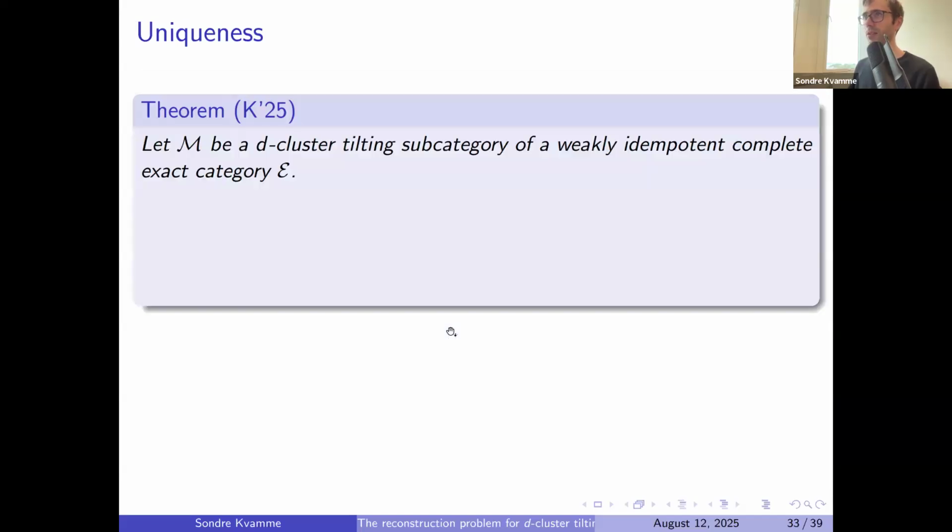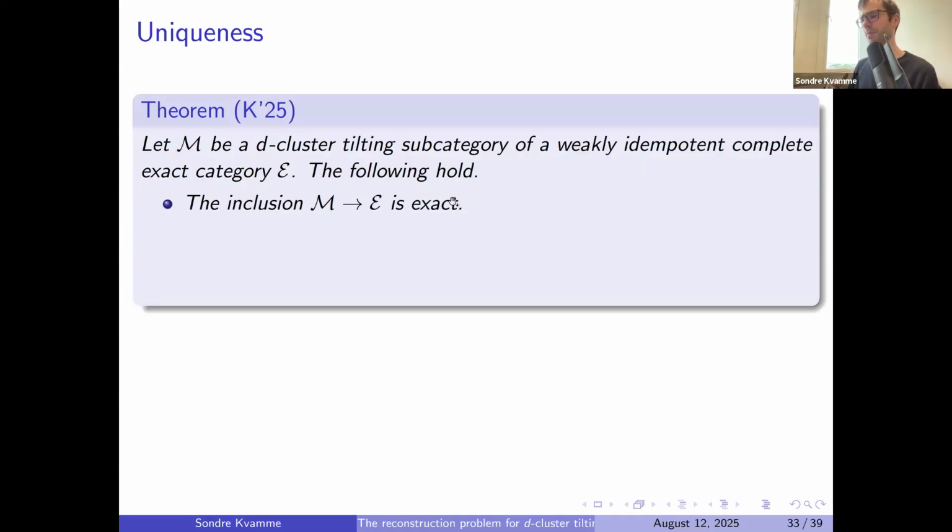So let me state that theorem, the universal property. Let's say we have a D-cluster tilting subcategory M of E, where E is weakly idempotent complete exact. Then first and foremost, the inclusion from M into E is exact.